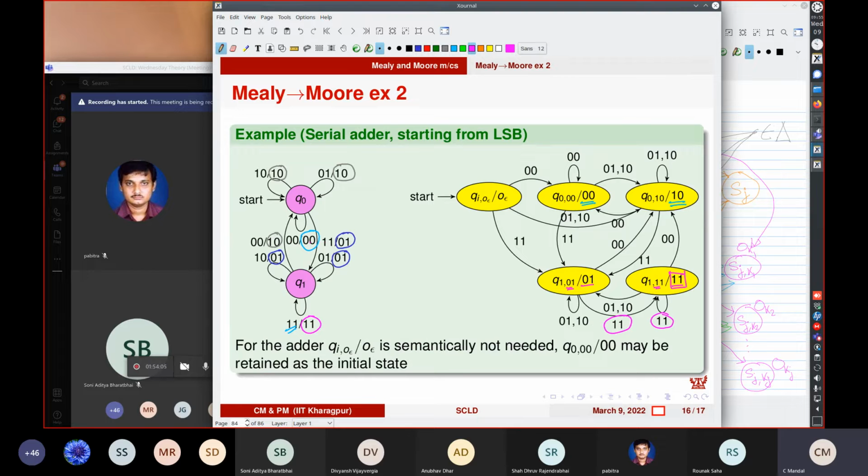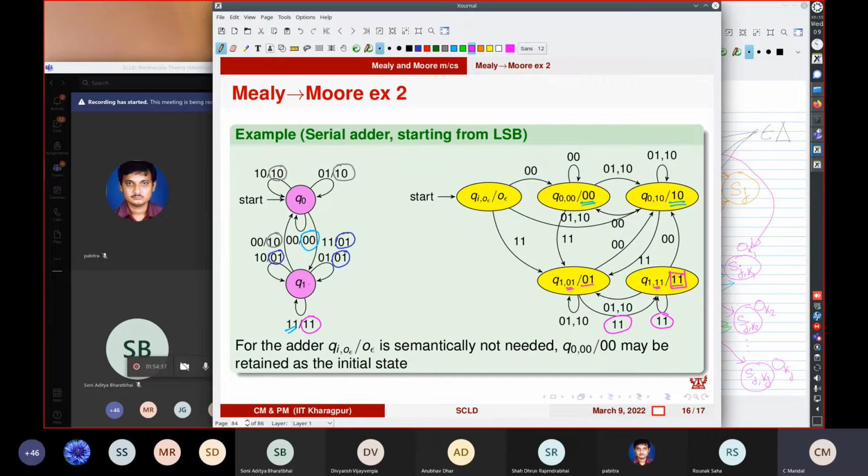Similarly, look at this. On input 0, 0, also from Q0. No, sorry, again, I'm making that mistake. This one is going back to Q0. So let us see, 0, 1. I can get the output 0, 1 for transitions from Q1, also from Q0.